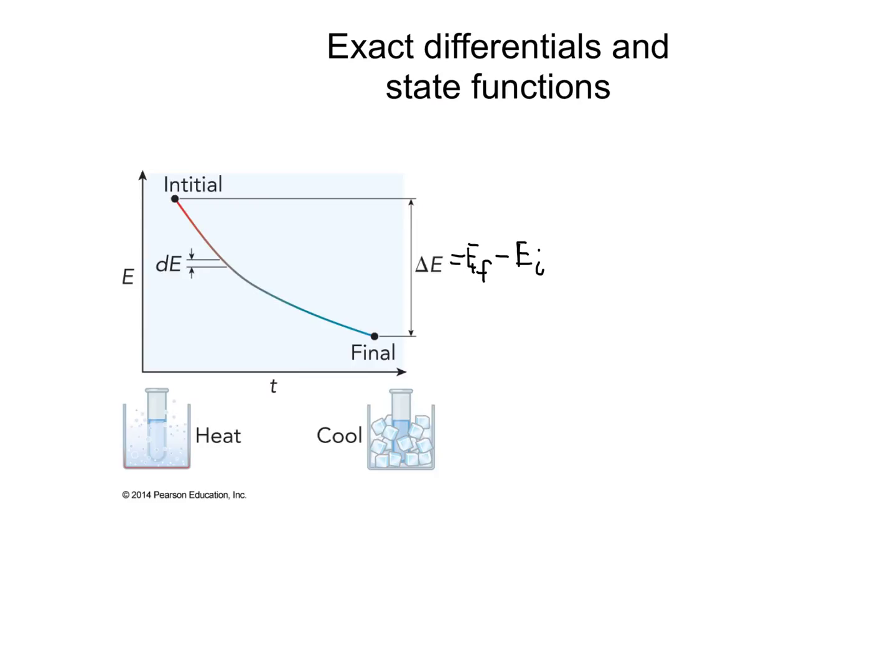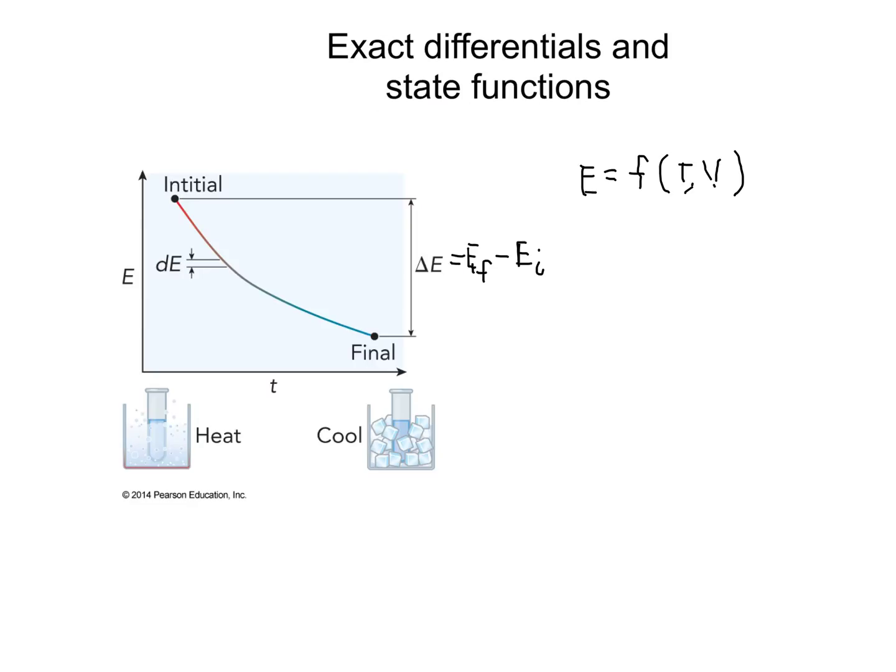A state function, such as the energy, is typically a function of one or more variables. In this case, the energy is typically a function of temperature, volume, and number of moles. But if we have a closed system, we don't need to worry about the number of moles. So to simplify, let's think about internal energy as being a function of temperature and volume.